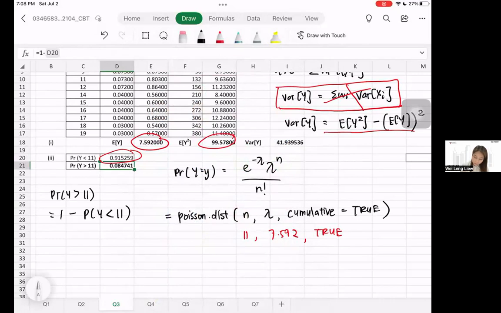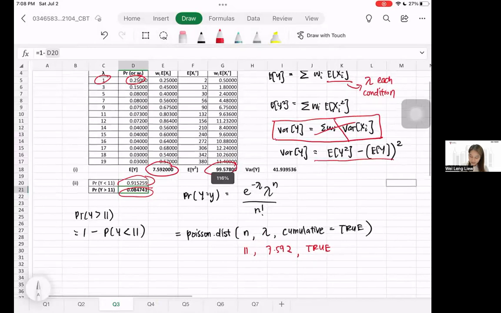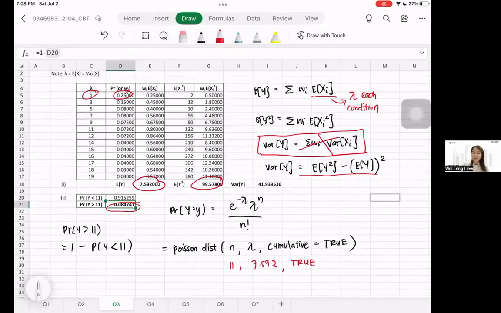So that's how you get the final answer of 0.084741. Sorry for the mess in the sketching here, but I hope everyone understands how we should approach this question, which is using the mixed distribution method.